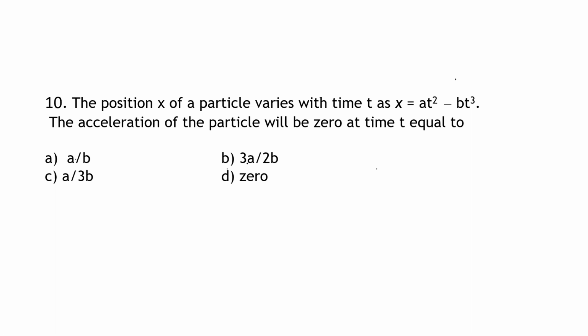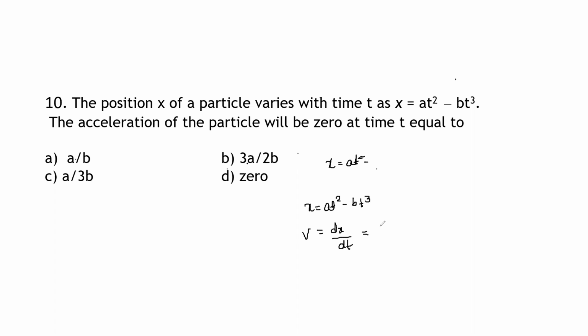So what equation they have given? First write the equation. Again we want acceleration itself. That is x is equal to at square minus bt cube. V is equal to what? dx divided by dt.